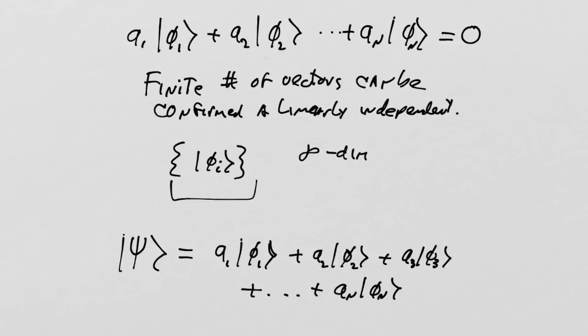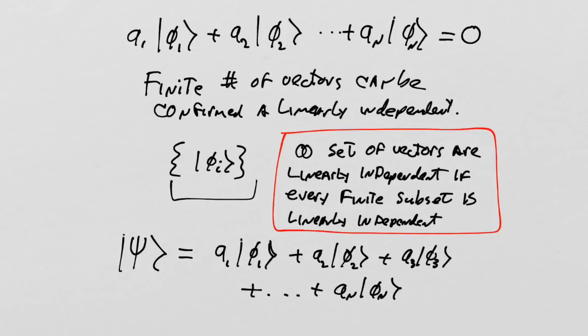An infinite set of vectors is linearly independent if every finite subset is linearly independent. And each finite subset's linear independence is verified through this expression here. So with that in mind, define a possible basis for an infinite dimensional vector space.